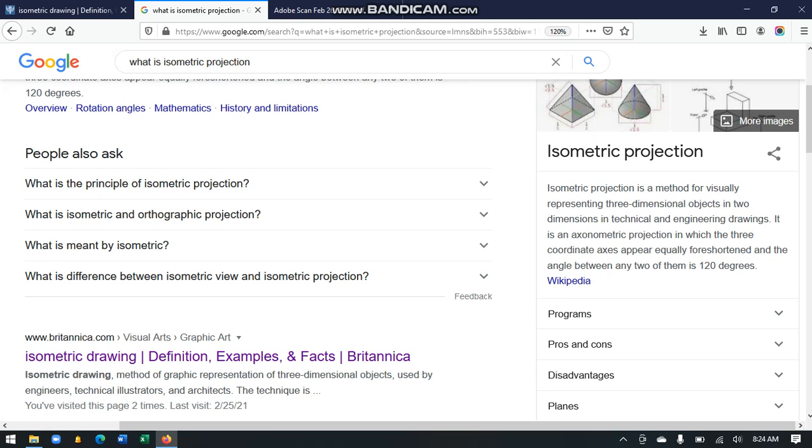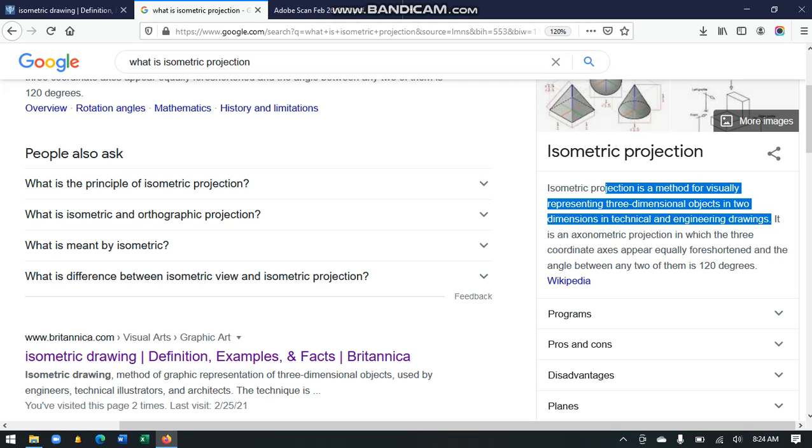All of the drawings that you've been doing before now are two-dimensional drawings, meaning that they only show two dimensions, or two types of measurement: a length and a width. So isometric projection is basically a method that is used to visually represent three-dimensional objects in two dimensions.